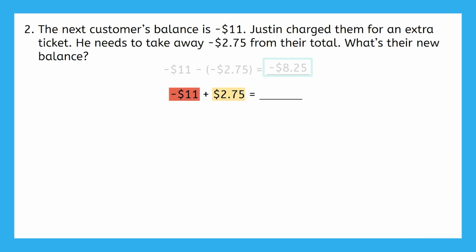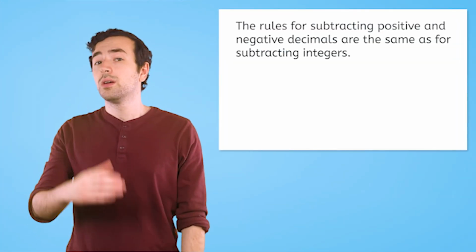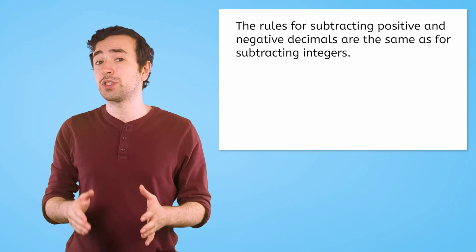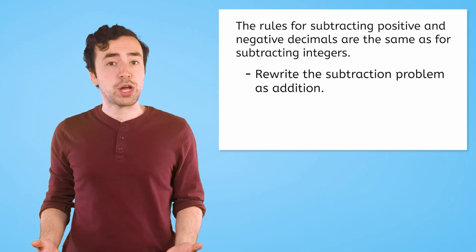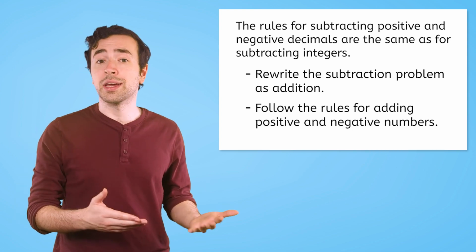The signs are different. To determine how many more negatives we started with, subtract 11 minus 2 and 75 hundredths. Check your subtraction. The customer's balance is negative $8.25 since we started with more negatives. The rules for subtracting positive and negative decimals are the same as for subtracting integers. Rewrite the subtraction problem as addition, then follow the rules for adding positive and negative numbers.